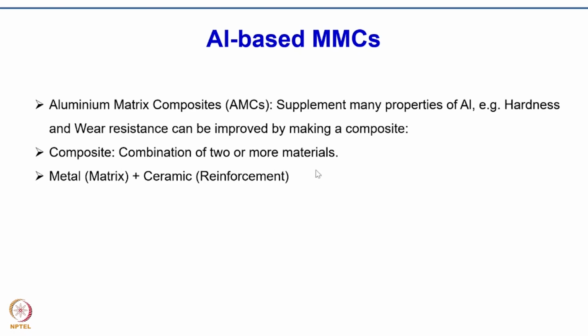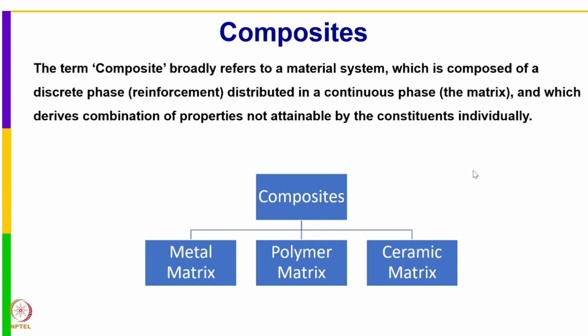If you want to define a composite, this is how it can be defined technically. The term composite broadly refers to a material system which is composed of a discrete phase known as reinforcement, distributed in a continuous phase that is known as the matrix, and which derives a combination of properties not attainable by the constituents individually.